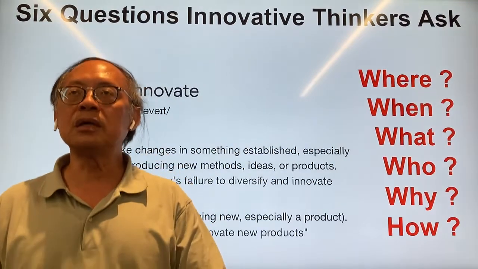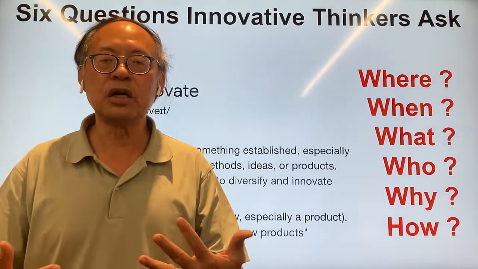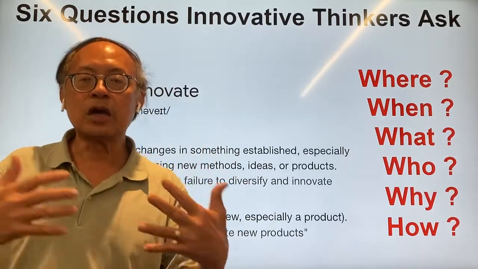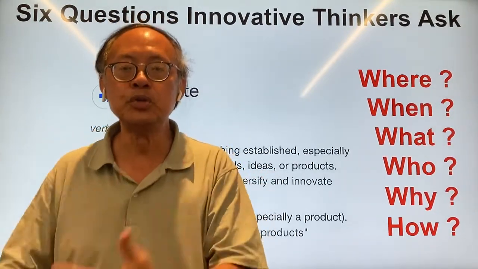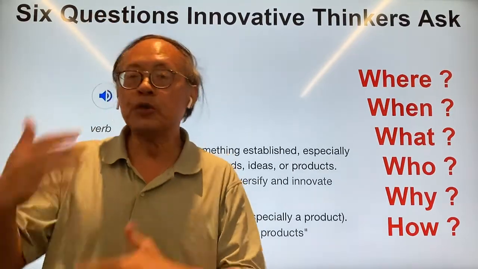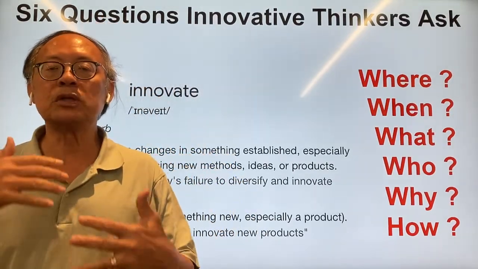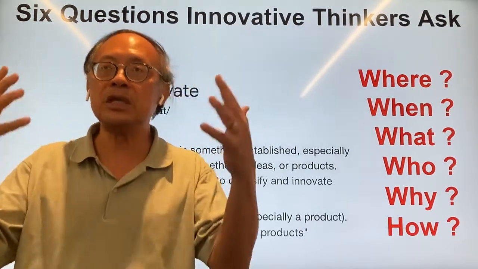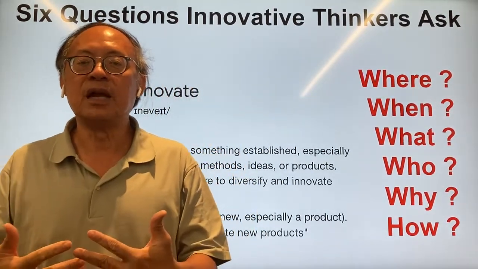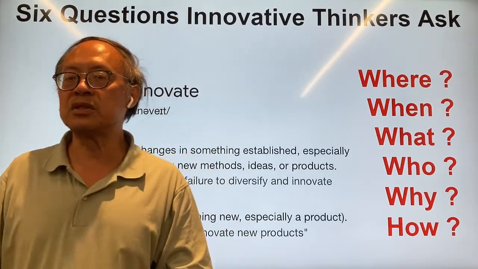Now, when you think where, you're talking about spatial thinking. Sometimes we call it intuitive thinking. You think in terms of pictures. You don't go through logical reasoning, but you think in terms of what you see in your mind's eye, and you trust your gut feeling. And that's what I did when I was studying at MIT.